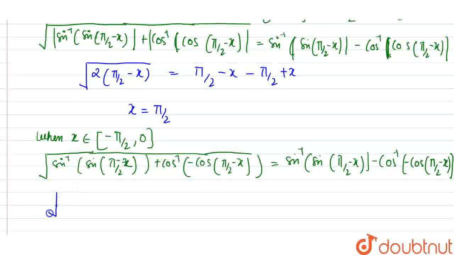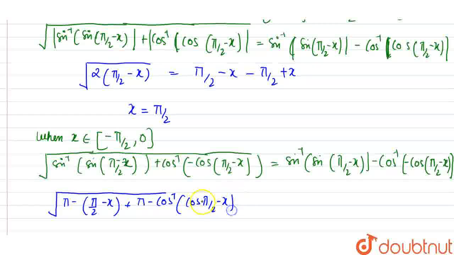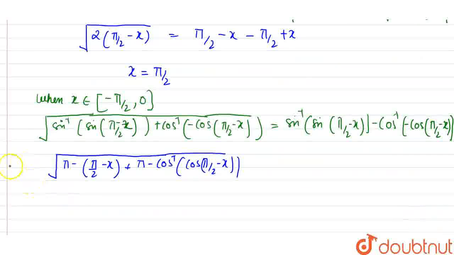So now it is this big root. It is pi minus pi by 2 minus x. Similarly here it is going to be plus pi minus cos inverse of cos pi by 2 minus x, right guys? We are just making simplification, nothing else we are doing here. And the right hand side remains as it is.